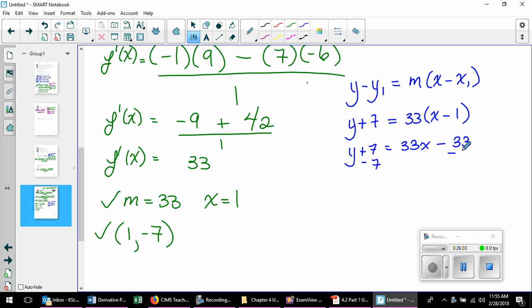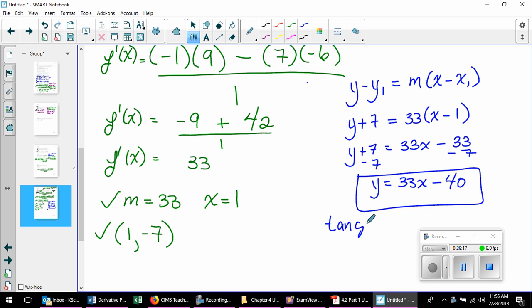Subtract 7 from both sides. Y is equal to 33x minus 40. So that is the equation of the tangent line at x equals 1.